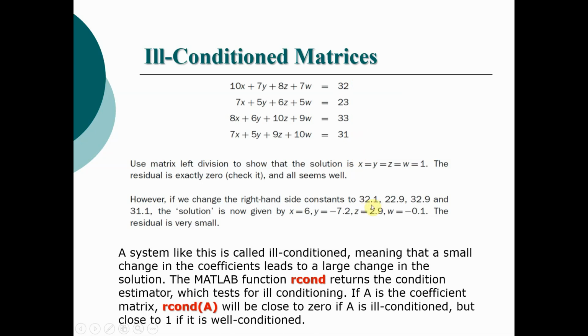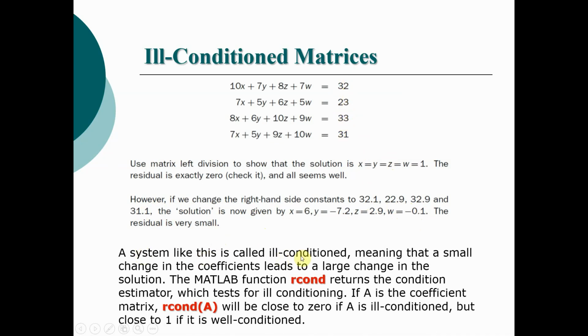But if we change the right hand side very slightly, like to 32.1, 22.9, 32.9, or 31.1, the solution is now given by this. So the solution is going to change very drastically if you change the right hand side very slightly.